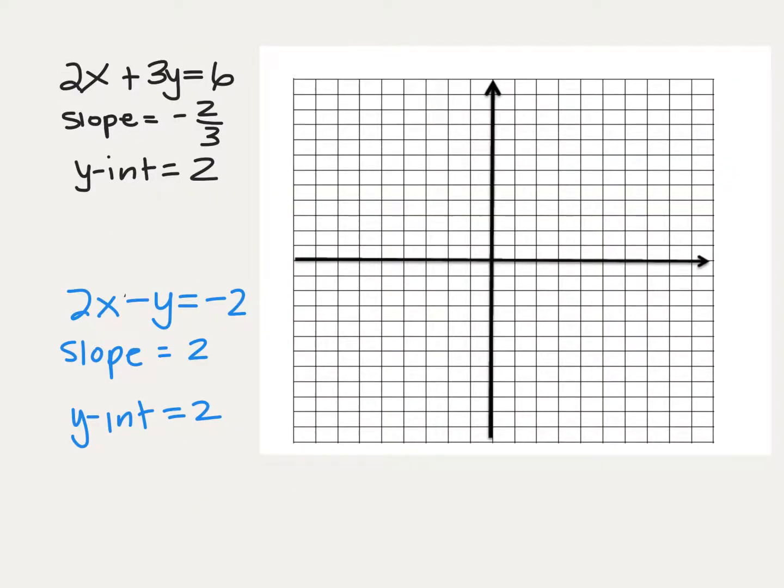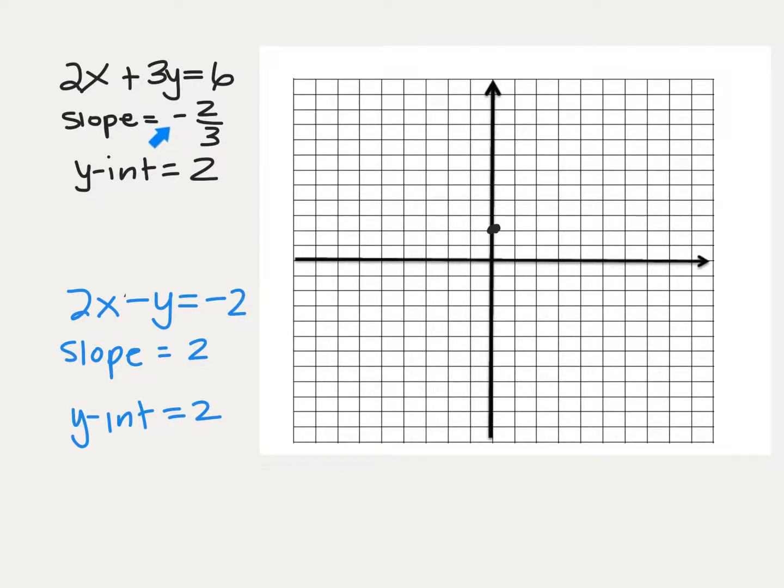So now in order to graph these, I am going to plot the y-intercept for the very first equation, 2x plus 3y equals 6. I'm going to put a point where the y-intercept is 2, so on the y-axis. Then from that point, when I look at this fraction, it says negative 2/3.